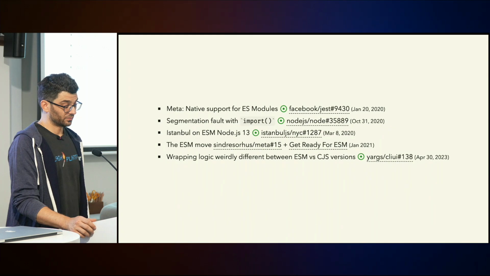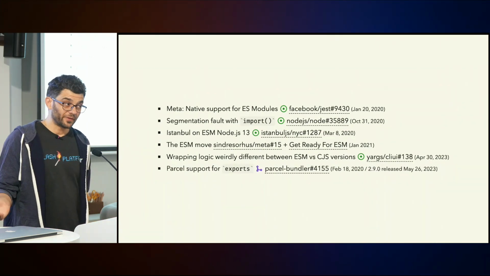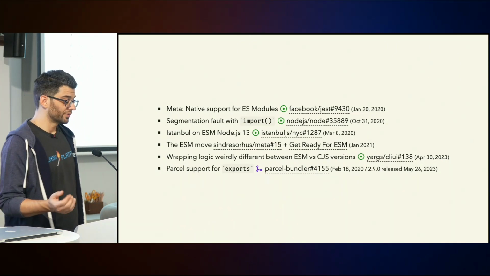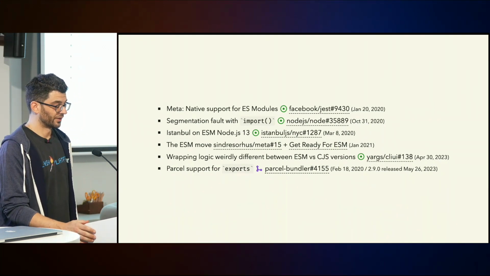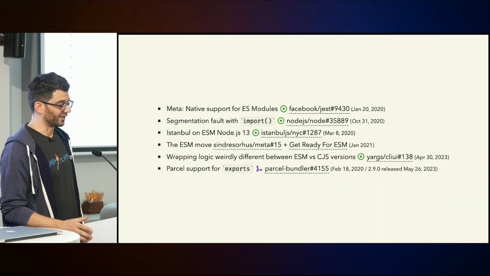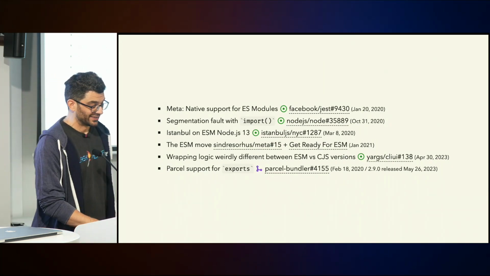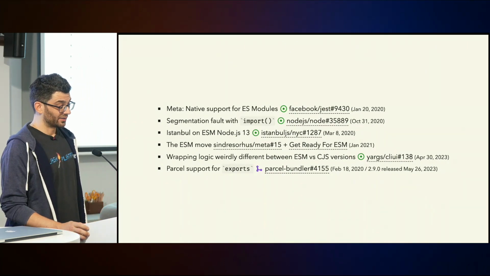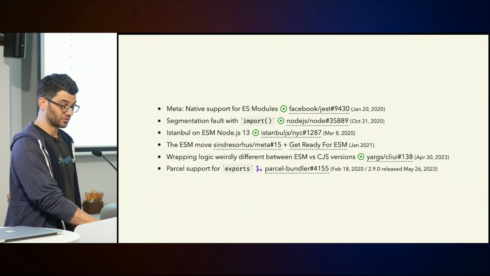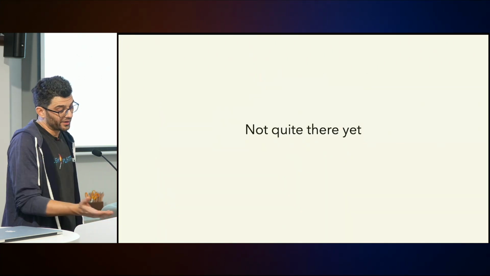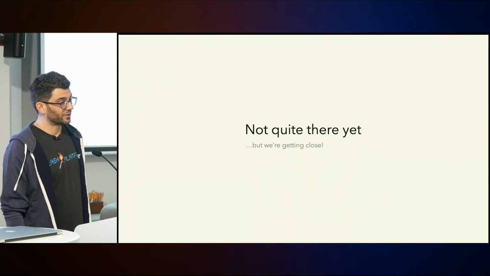This was from a few weeks ago. Things still break, but things are also fixed. So it's not all just doom and gloom. There are still things. We're taking steps. We're getting closer and closer to that mythical future that Cinder imagined 2.5 years ago. Version 2.9 of Parcel was released just a few days ago, which is good. So we're not quite there yet, but we're getting close, and there's more and more progress being done.